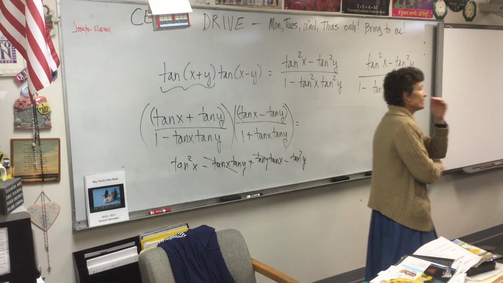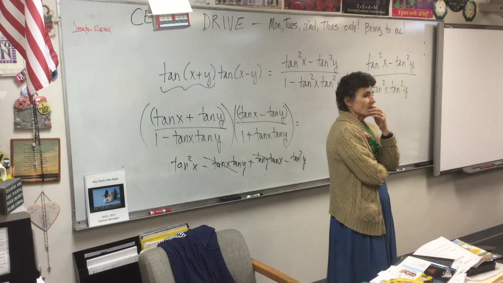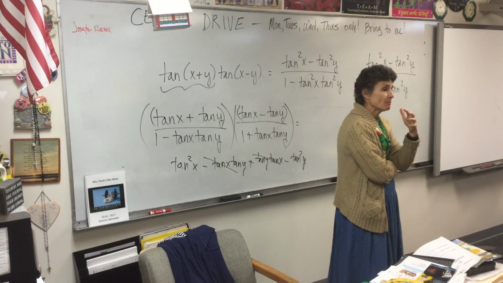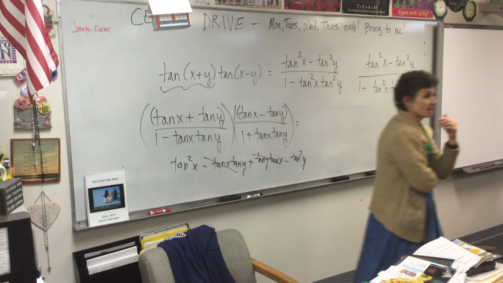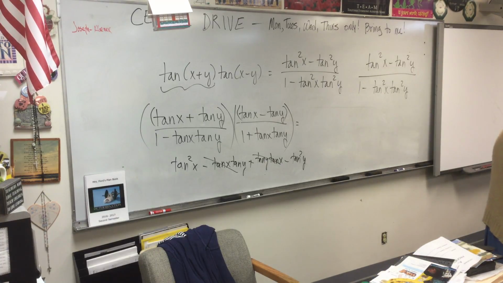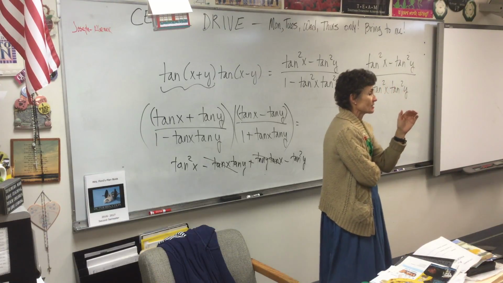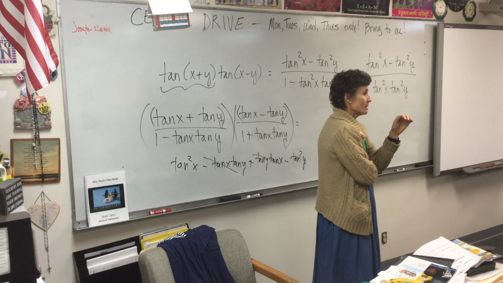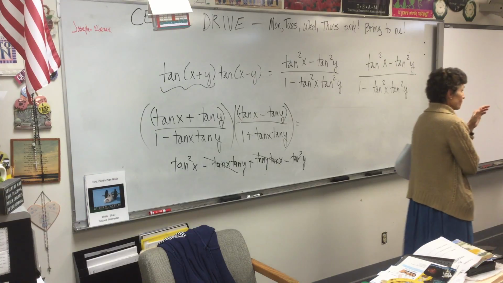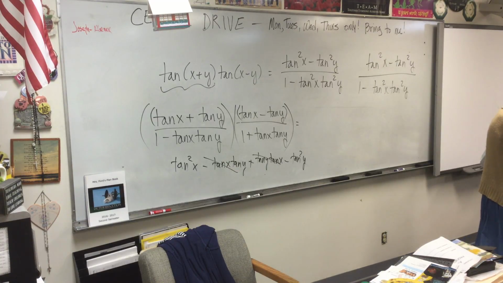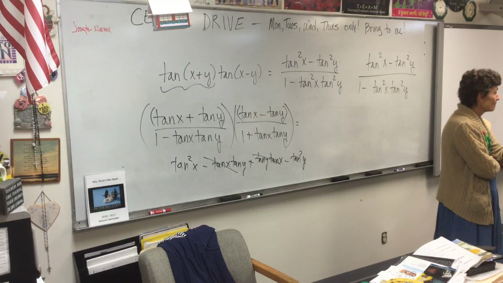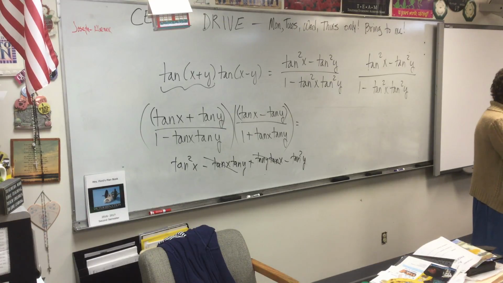And I would suggest that, I mean, it helps me when I memorize the patterns. So when I look at problem 1A, I see sine, cosine, minus cosine, sine. Now that's one of my sums and differences. It's not the tangent one, right? It's the sine one.